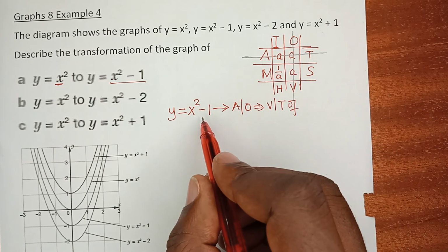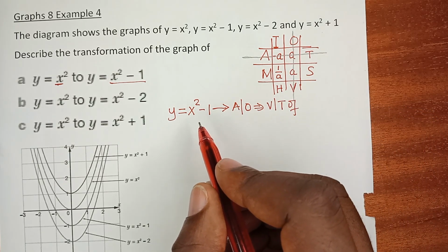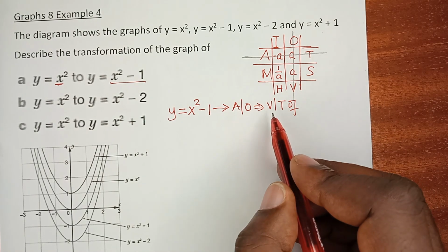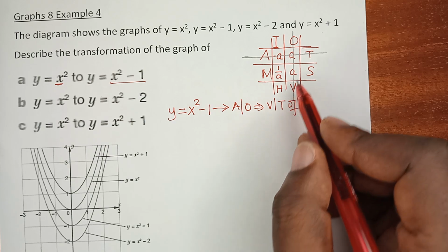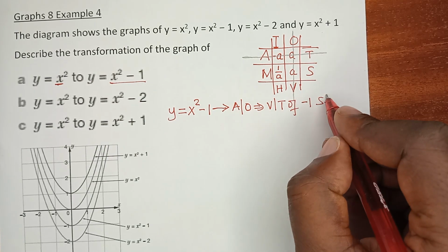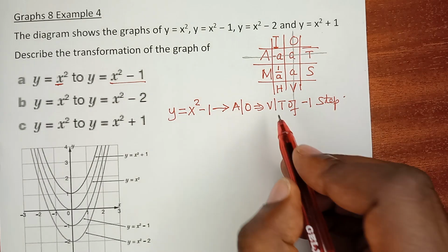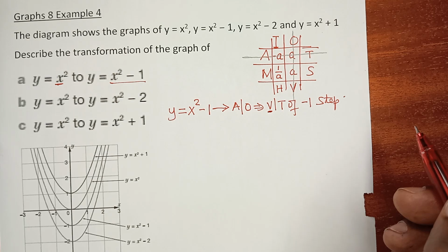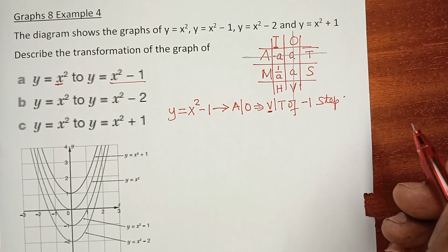And what is our a? What has been added? We know we have added negative 1. So we are talking about a vertical translation of negative 1 step. Everything to do with vertical means only y values are affected.